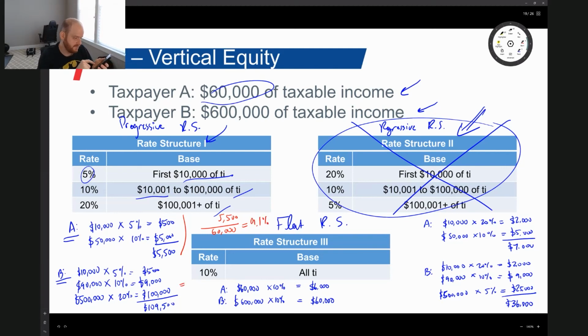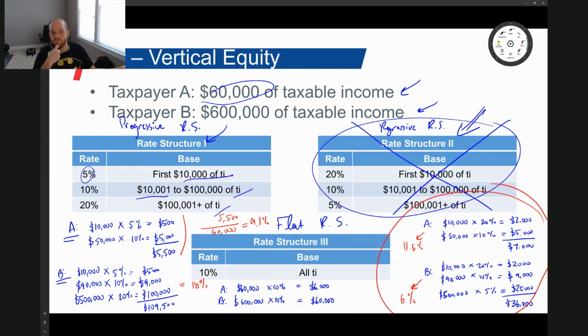This average rate is going to be 109,500 over 600,000. So it's going to be 18%. Here, the average rate is going to be 7,000 over 60,000, which is 11.6%. Here, the average rate is 36,000 over 600,000, which is 6%. So this further illustrates how this system is not a vertically equitable tax system.